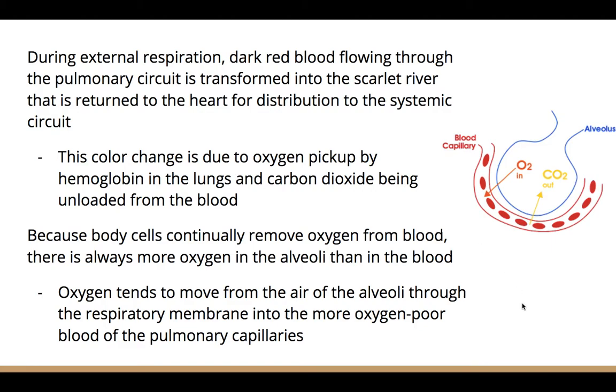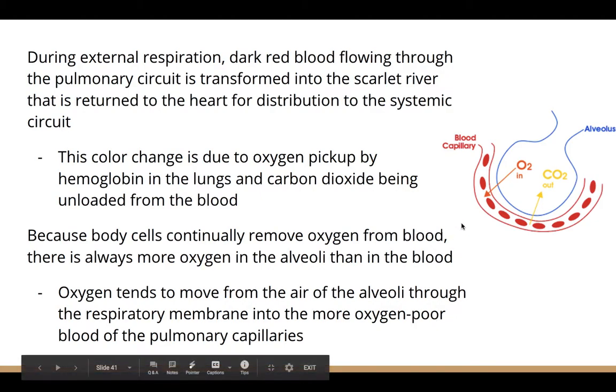Okay, so during external respiration, dark red blood flowing through the pulmonary circuit is transformed into the scarlet river that is returned to the heart for distribution to the systemic circuit. Remember, systemic goes to your body, right? That's the blood that's going to your body. Pulmonary circuit is the one that's going to your lungs to get reoxygenated.